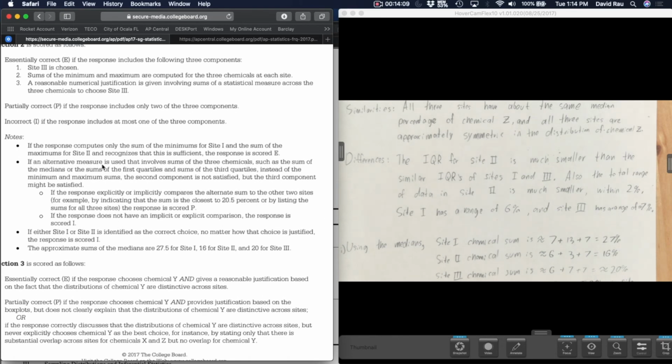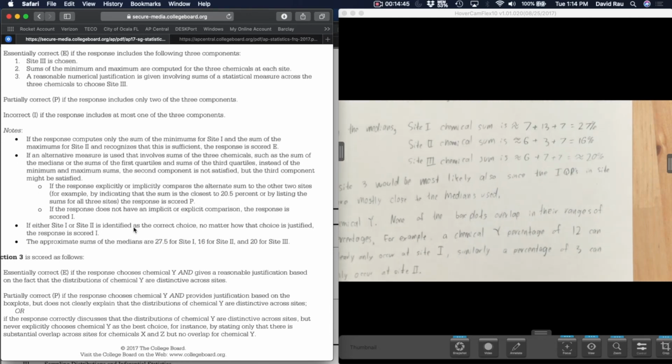If an alternate measure is used that involves the sum of the 3 chemicals, such as the sum of the medians, the first quartiles and third quartiles, instead of minimums and maximums, the second component is not satisfied, but the third component might be satisfied if the response explicitly compares the alternate sums between the other 2 sites, are 27.5, 16, and 20. Okay.